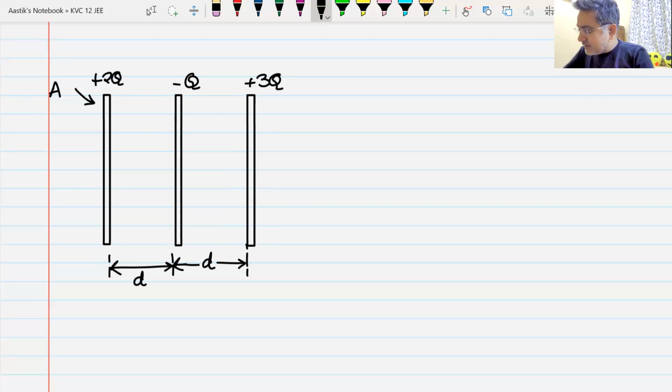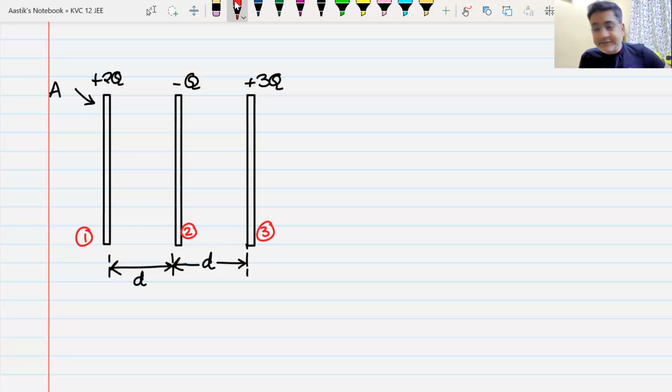If I call this plate number 1, this plate number 2, and this plate number 3, can you find out the potential difference between 1 and 2 and between 2 and 3?